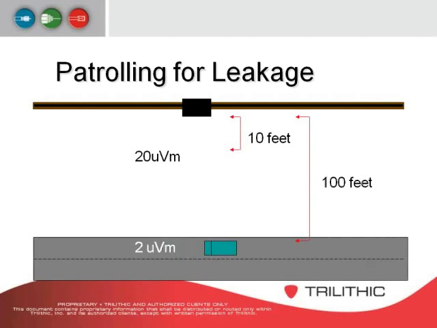So this gives you a drawing of how that calculation works. Let's say out at the truck, I'm measuring 2 microvolts per meter, but I'm 100 feet away from the cable. We'll say in this case it's a rear easement.